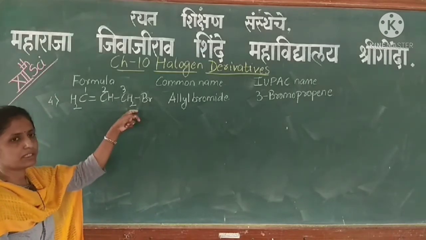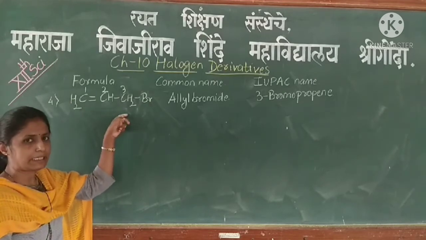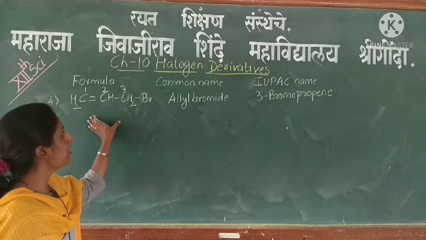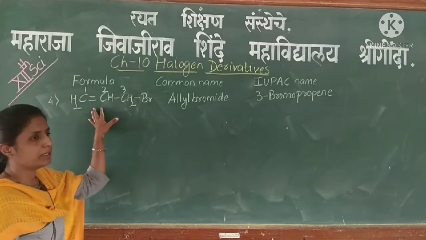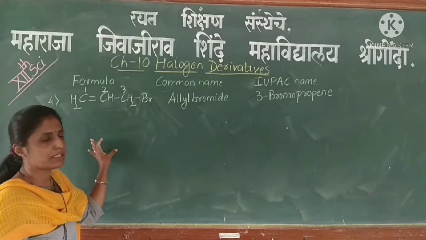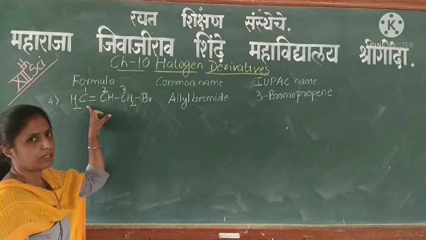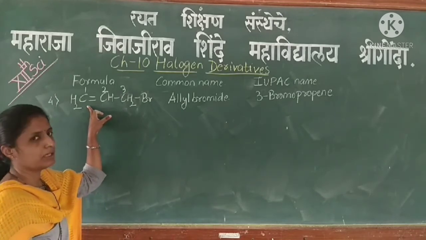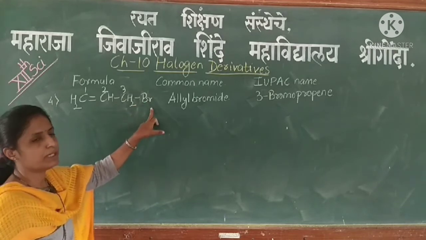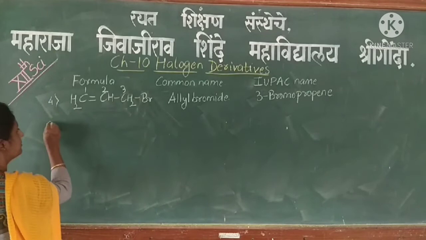Why have we not given the first numbering over here? Because this is a derivative of an alkene, and while writing the IUPAC name, the double bond carbon or the triple bond carbon should be given the first numbering. So this carbon is given the lowest numbering, and at the third position bromine is attached. So 3-bromopropene. Next example.